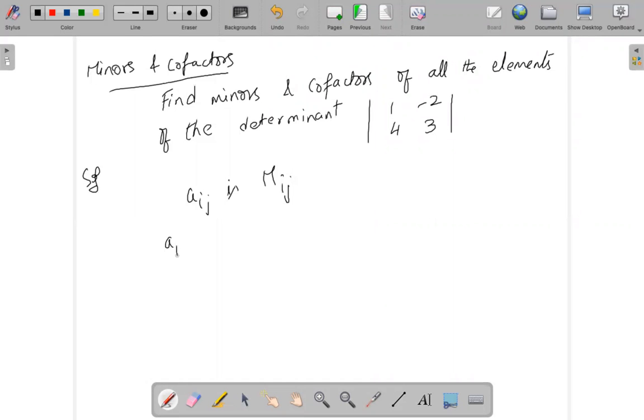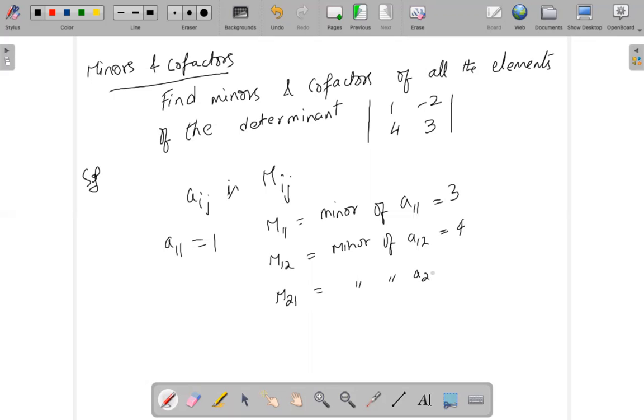Here a11 is equal to 1, so minor M11 is the minor of a11, which is 3, and M12 is the minor of a12, which is 4, and M21, minor of a21, is equal to minus 2, and M22, the minor of the element a22, is equal to 1. So these are the minors.